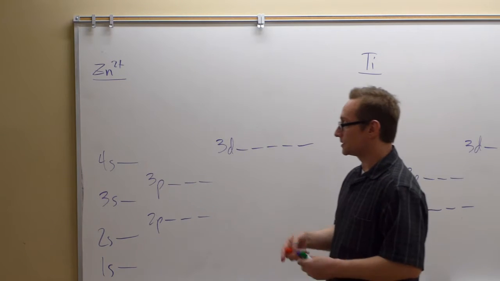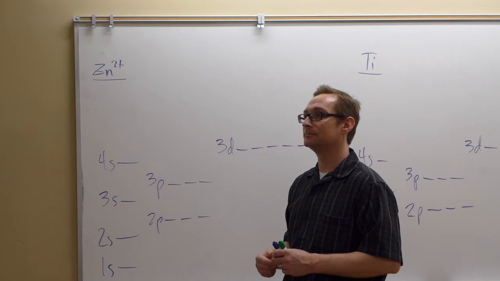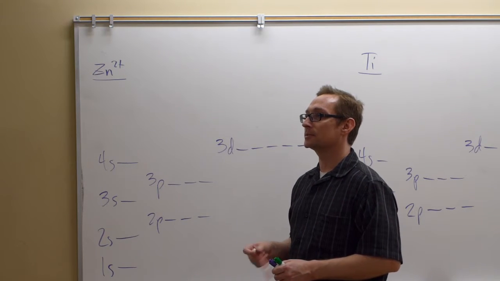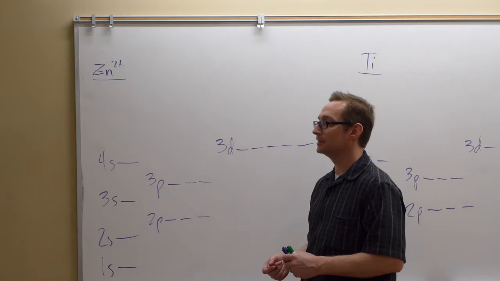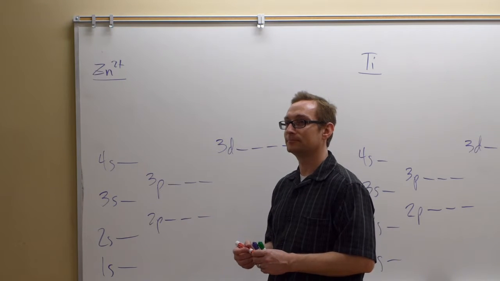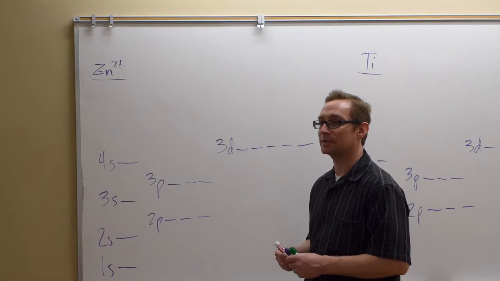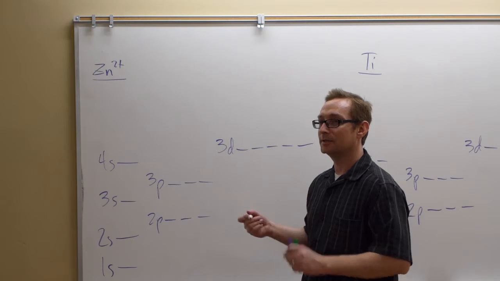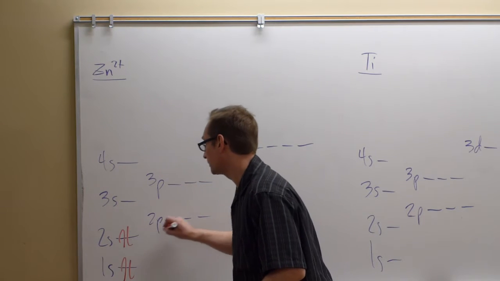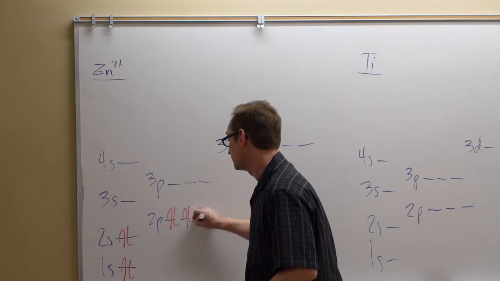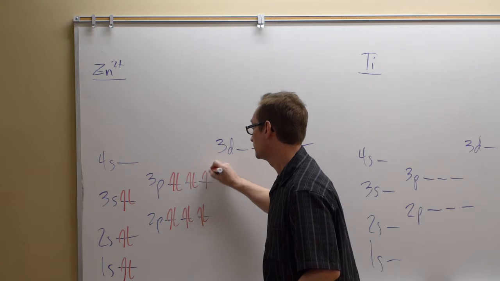Okay, so let's look at zinc 2+. How many electrons do I have in zinc 2+? Zinc is atomic number 30, so it would have 30 electrons as a neutral atom. How many electrons are in the zinc 2+? 28, right? So I'm going to pile 28 electrons into this according to the Aufbau principle and Hund's rule. So here's 2, 4, 10, 12, 18.